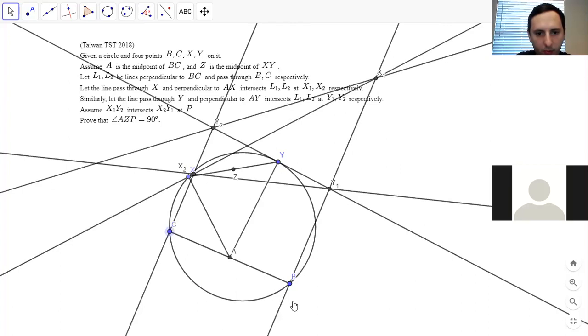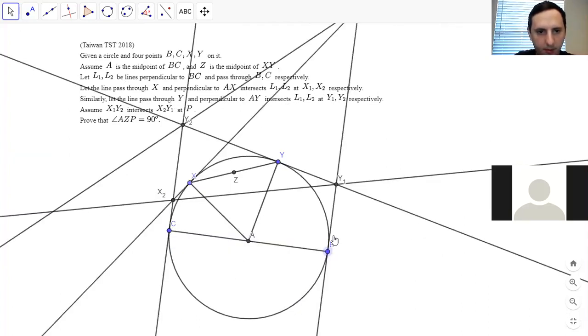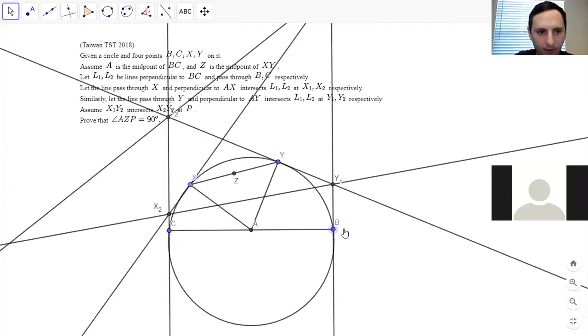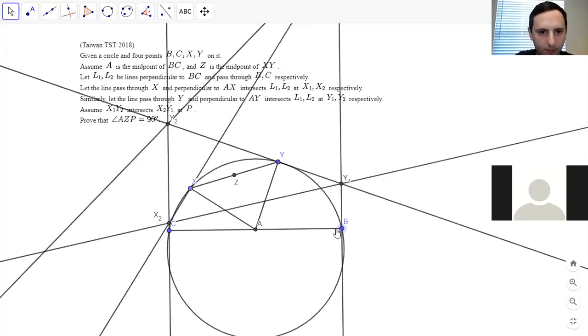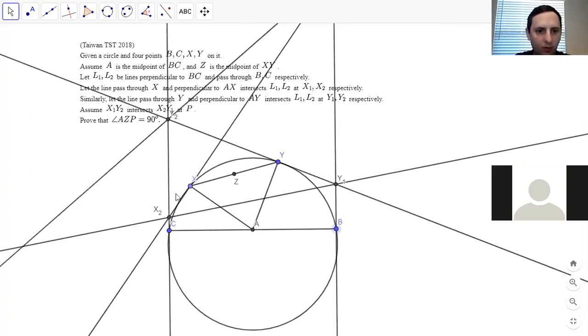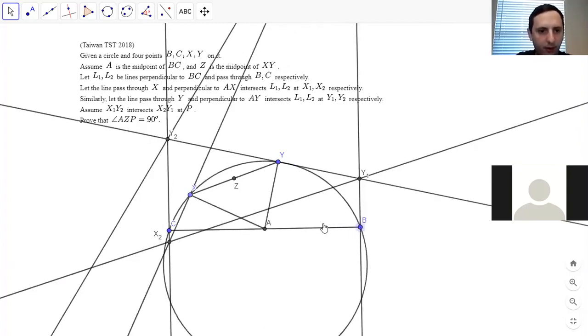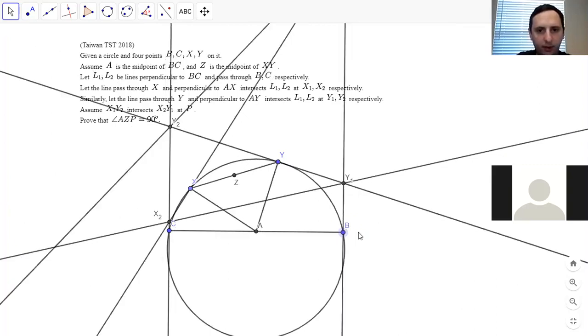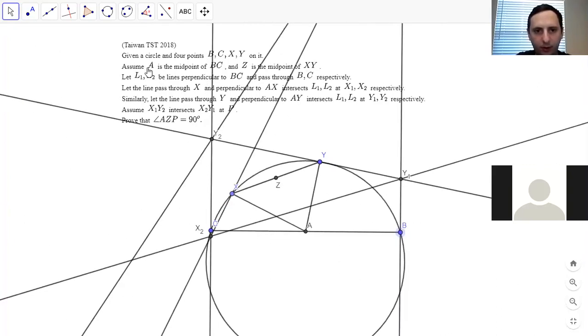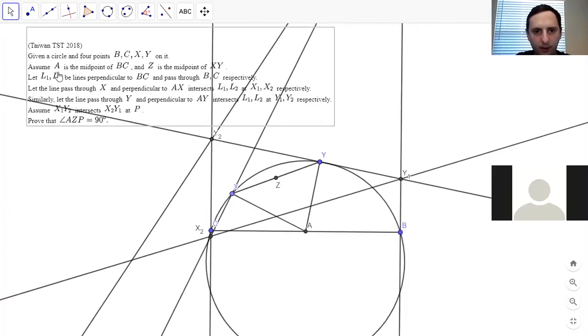No, I want like a wide, something like that, maybe. So I wonder if this point, no, I don't think that point's on BC. I would be very surprised if it is. But let me move this whole thing farther to the right so that we can see that point better.